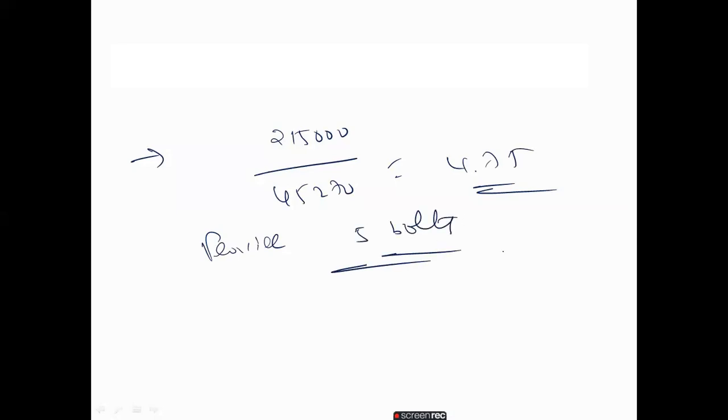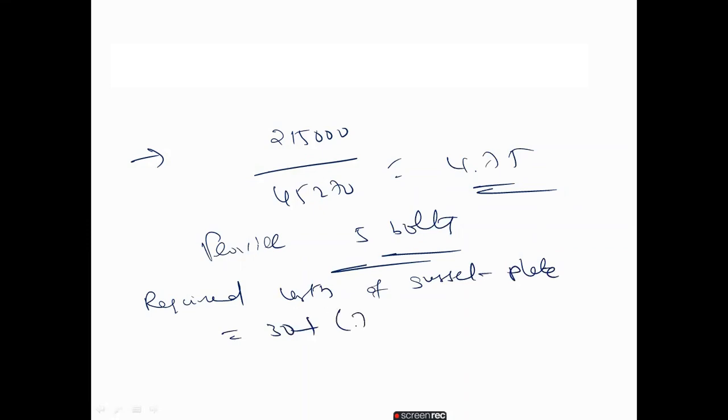The next step is the required length of the gusset plate: 30 as the edge distance plus 7 minus 1 bolts multiplied by the 50 pitch distance, giving around 330 mm.